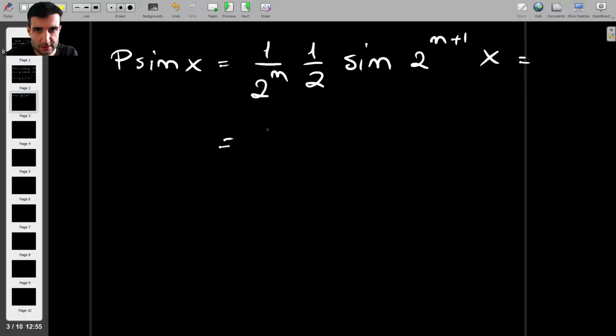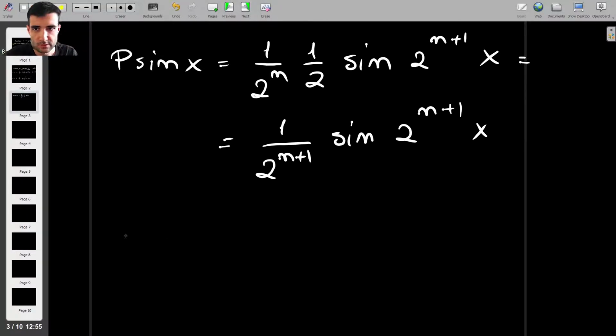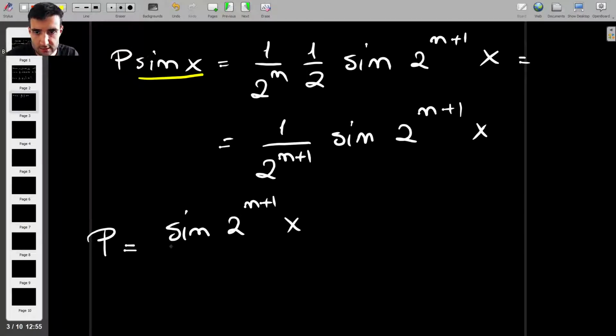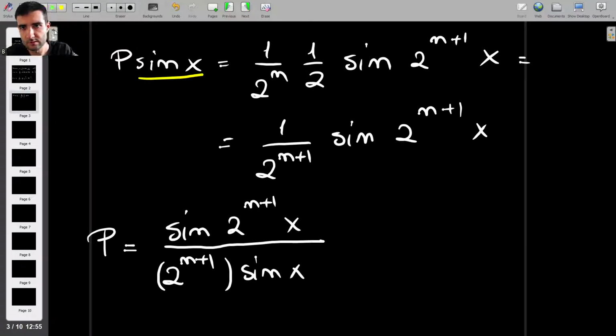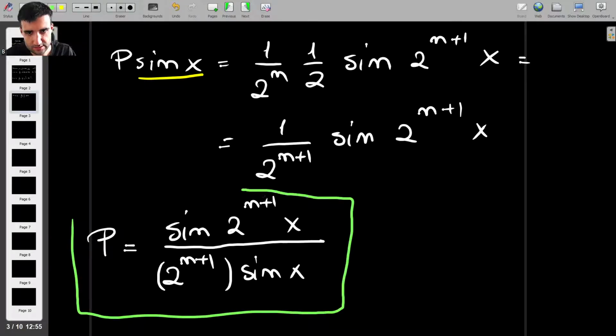Okay, so this is finally turning into 1 over 2 to the power n plus 1 sine of 2 to the power n plus 1 x. So the product that we started from can just be found by dividing both sides by sine x. So this is sine of 2 to the power n plus 1 x over 2 to the power n plus 1 multiplied by sine x. Okay, and that's what we get.